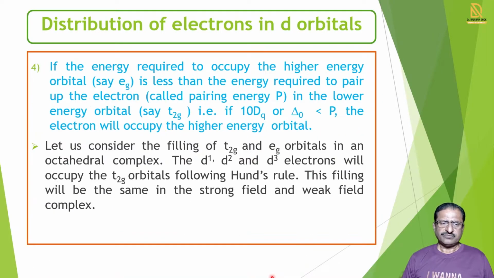For that purpose, we have to see the delta O or 10 Dq energy and the pairing energy. Then the fourth rule: if the energy required to occupy the higher energy Eg orbitals is less than the energy required to pair up the electrons, that is, if 10 Dq is less than P, then the electron will occupy the higher energy orbitals. It means that if delta O or 10 Dq is less than the pairing energy, the electron passes to the Eg orbitals and they can fill singly.